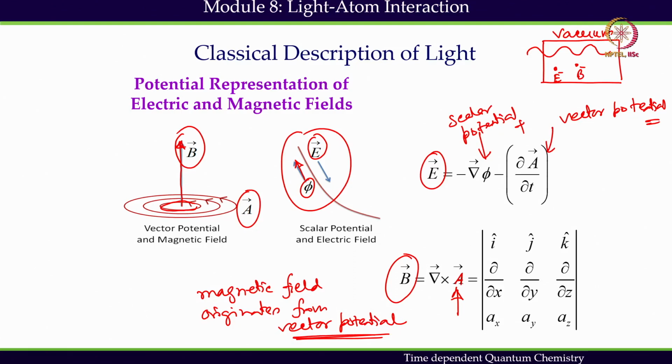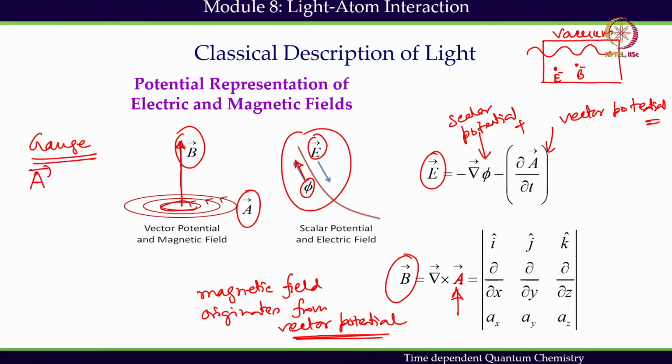So that's the basic idea. Because A is an unknown function, one can conveniently impose an additional condition to define it, and technically when we do that, it is called choosing a gauge to define this A.